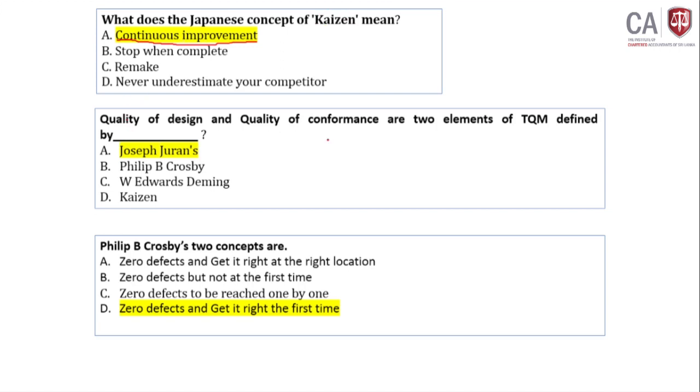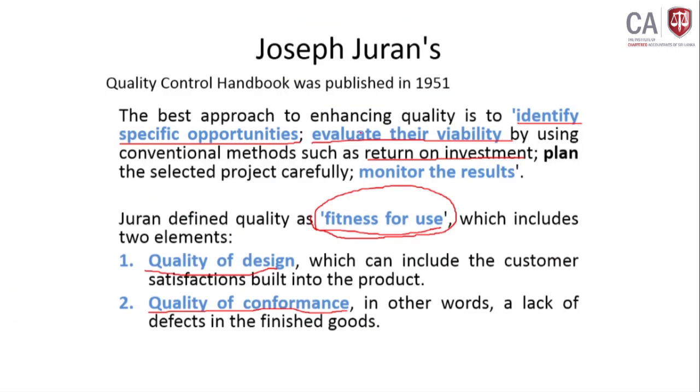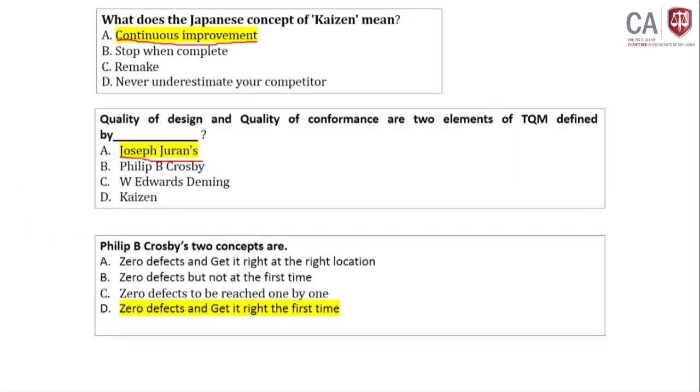Quality of design and quality of conformance are two elements of TQM defined by Joseph Juran. Normally when the words quality of conformance come, you may remember that it was said by Joseph Juran. Philip B. Crosby's two concepts are zero defects and getting it right the first time.